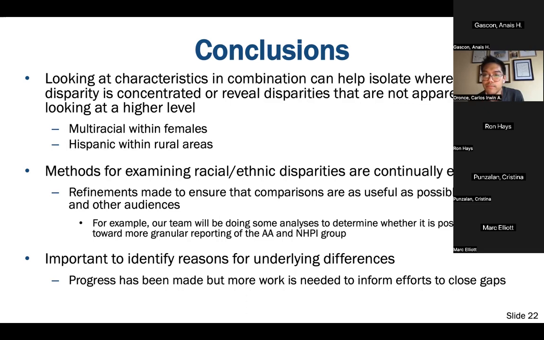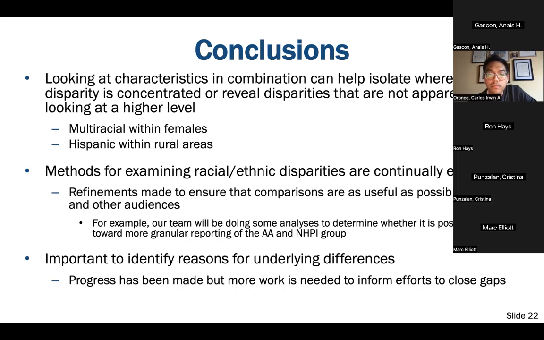So I suspect that there will be a move at some point towards disaggregated data by specific Asian origin, national origin, for example, Chinese alone, in addition to splitting the Native Hawaiian Pacific Islander group from the Asian American group.